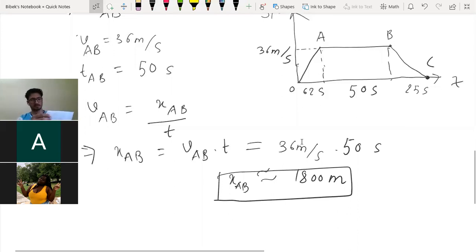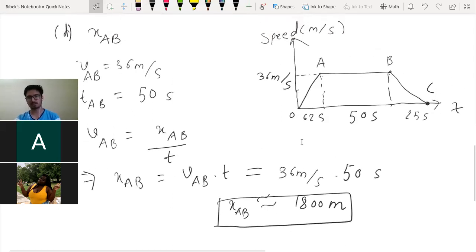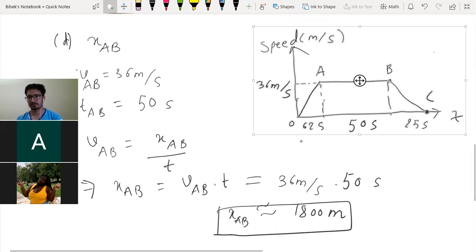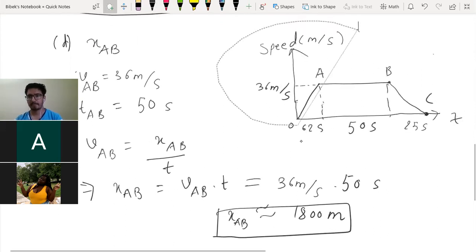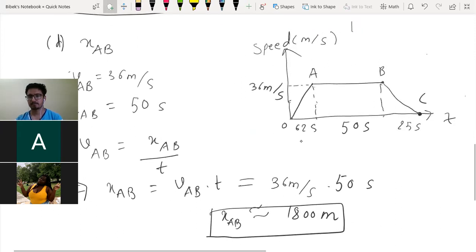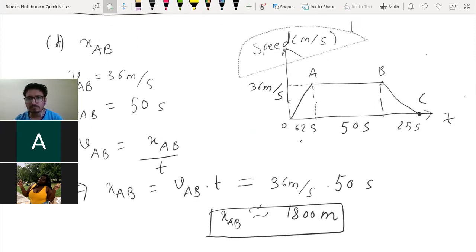Lastly, I think we have reached one of the important sections of the problem, which asks for the total distance traveled and the average velocity. We'll need this plot. Sorry, it's very hard to do this.